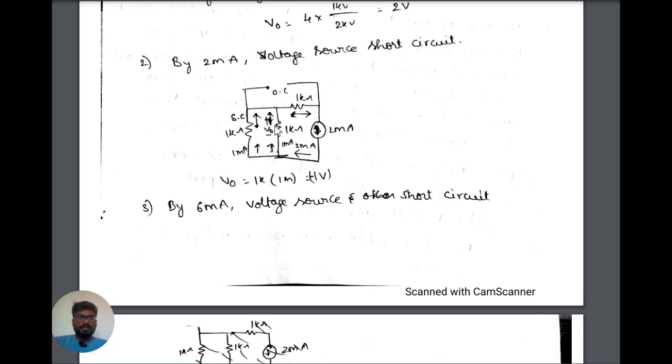Then we get 1 milliamp in each branch. So 1 milliamp into 1 kilo ohm, then V0 will be minus 1 volt, because the current direction is from bottom to top, so we took it as minus.